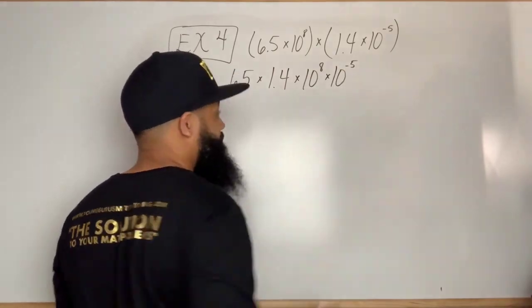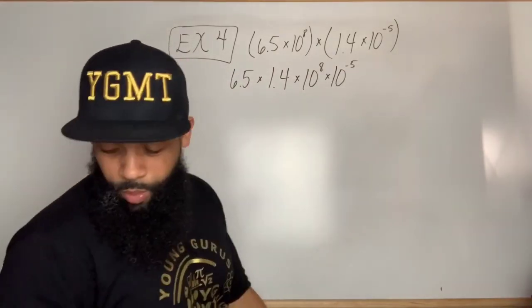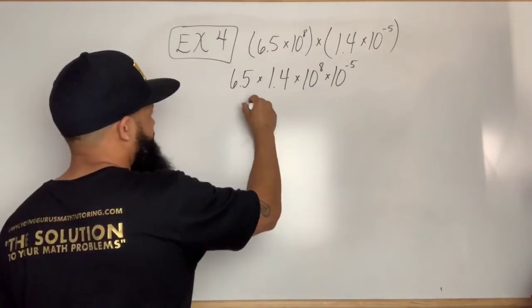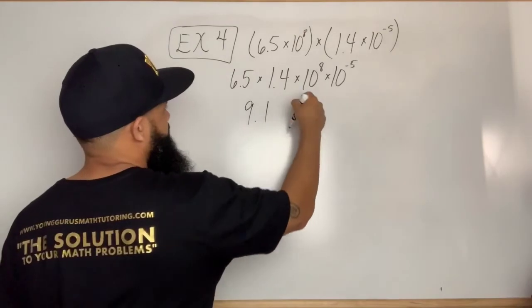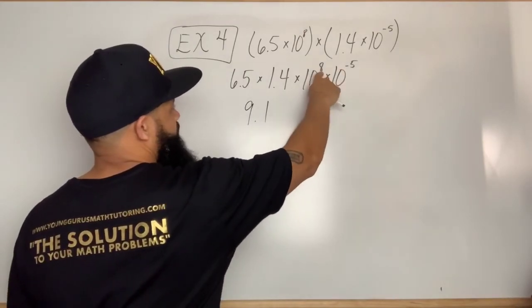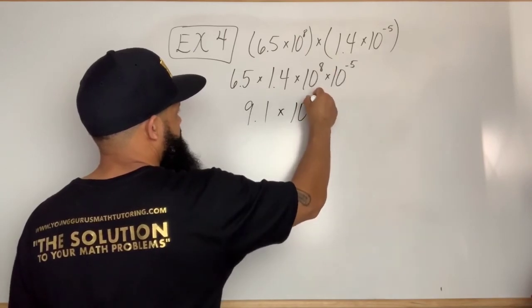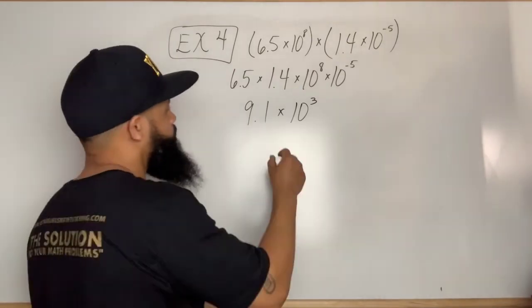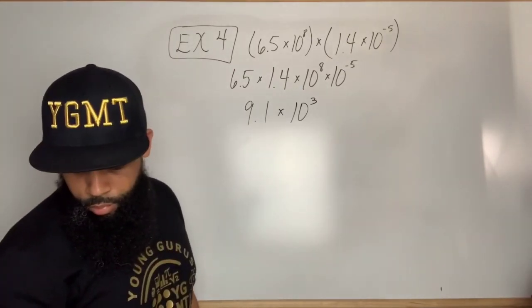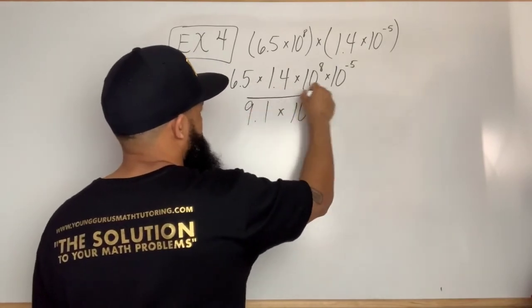Once again, I'm just using the commutative property, rearranging. 6.5 times 1.4 is actually 9.1. And then if I add the exponents, 8 plus negative 5 is 3. So 9.1 times 10 to the 3rd power. I had to make sure, I had to look at that again.